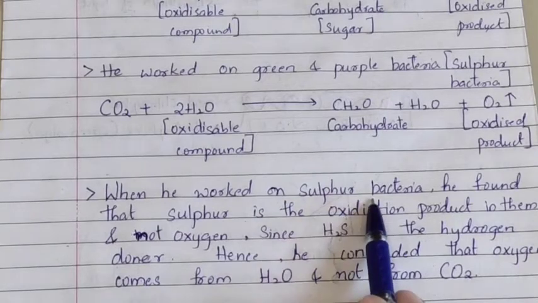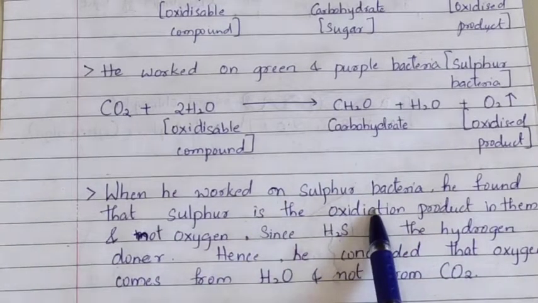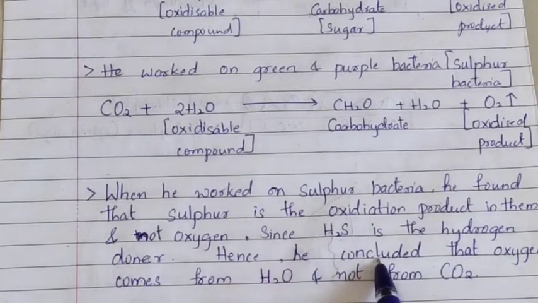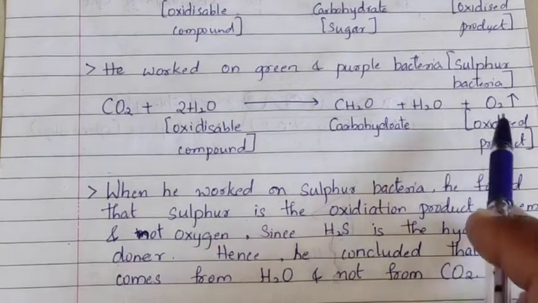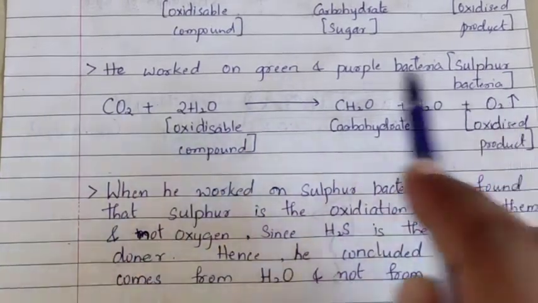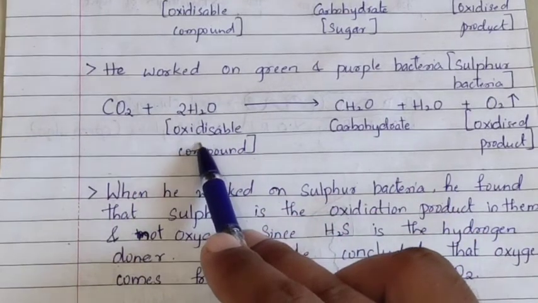So he worked on sulfur bacteria. He found that sulfur is an oxidation product. Since H2S is the hydrogen donor, he concluded that the oxygen comes from water and not from the CO2, because earlier people used to think that oxygen is a gas and carbon dioxide is also a gas, so obviously oxygen must come from carbon dioxide and not from the liquid, that is water.